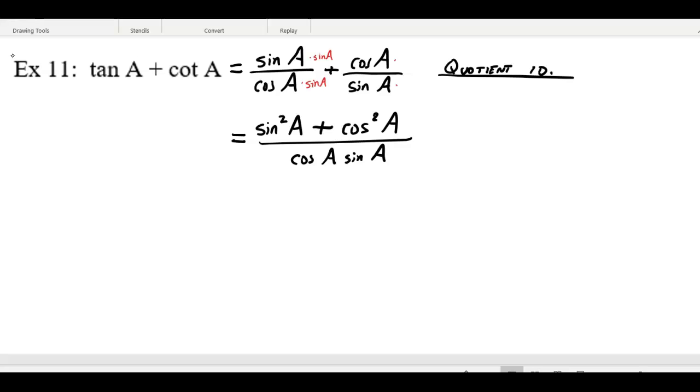I know I have sine of A here, but I need cosine of A. So I'm going to multiply top and bottom by cosine of A. And it just so happens that every time I do this, what I just wrote in red, it always winds up being, if I'm simply introducing the numerator or the denominator from the left on the right, and the denominator from the right to the left, it winds up just being sine of A times sine of A, cosine of A times cosine of A, and then whatever this sign is drops down, and then your denominator will be the first denominator times the second denominator.